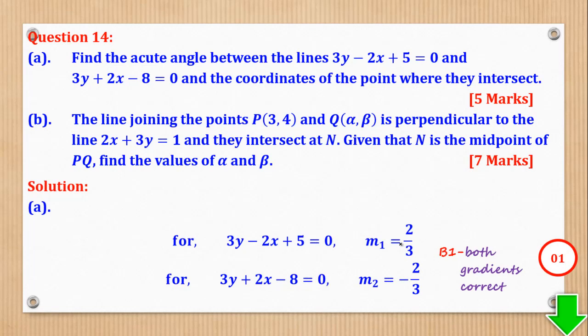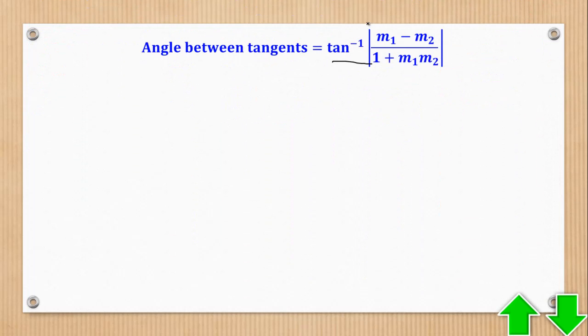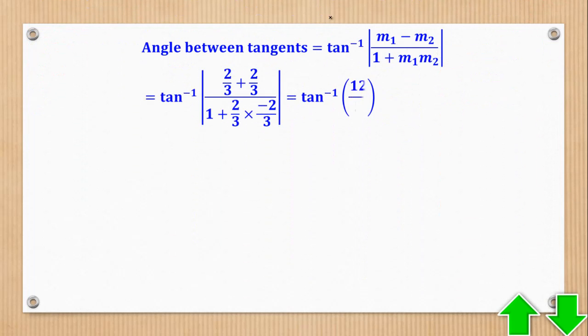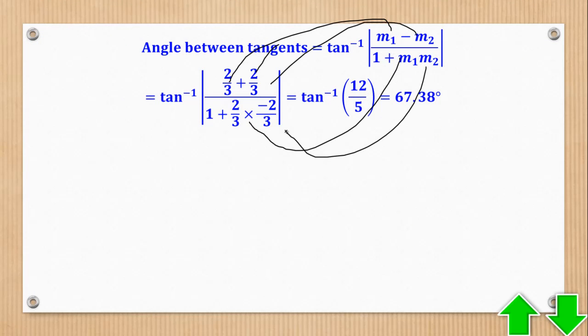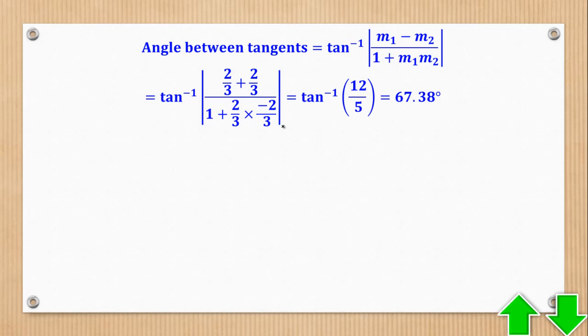Then from there, you can use the formula which is there in your logbook. The angle between two lines is given by that with a magnitude sign there, so that if you get a negative, it changes into a positive. Then you can substitute for M1, M2. So you come up with this, and the angle will be that.